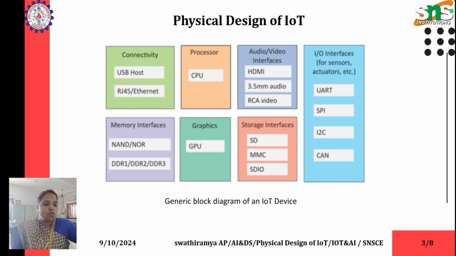So, when you go for DDR1, DDR2, DDR3, DDR means double data rate, which is used for dynamic random access.